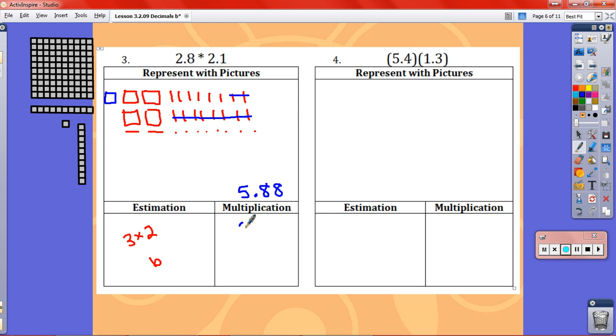And then that's 28 times 21. Okay, because we know the digits stay the same, just the place value changes. So 8, 2, 16, 4, 5, 8, 8, 5. So it's not 588. The place value is different. Based on both of these, I'm going to go with 5 wholes and 88 hundredths.